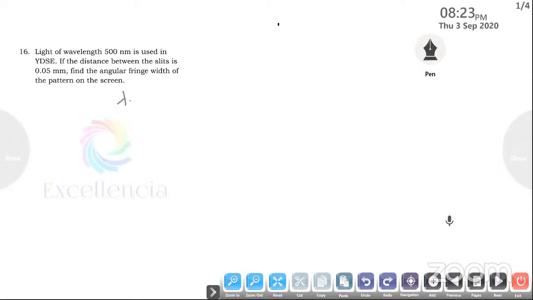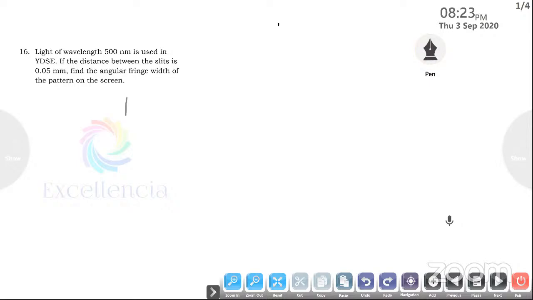Light of wavelength 500 nanometers is used in Young's double slit experiment. The distance between the slits is 0.05 millimeter. Find the angular fringe width of the pattern on the screen.